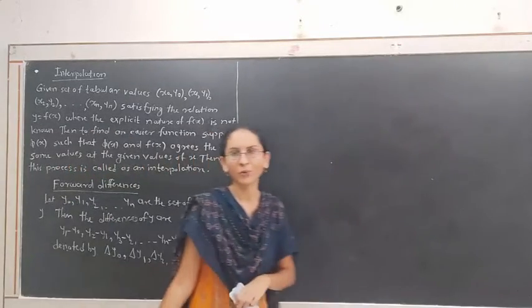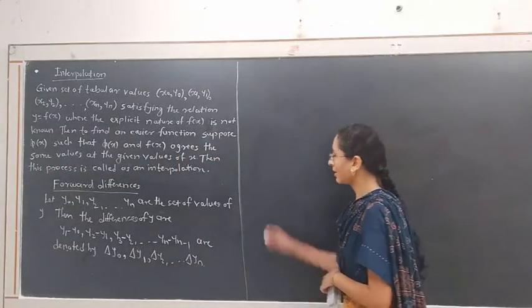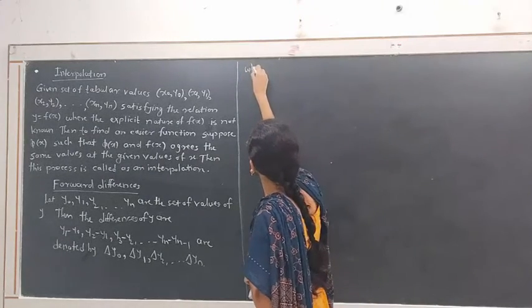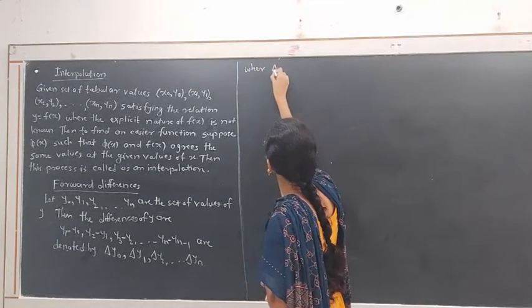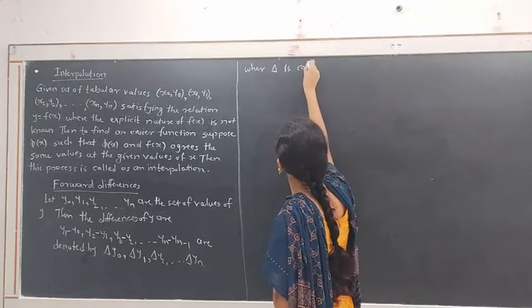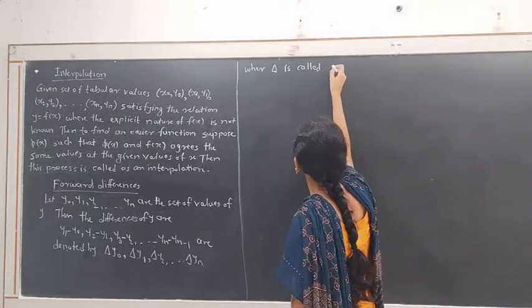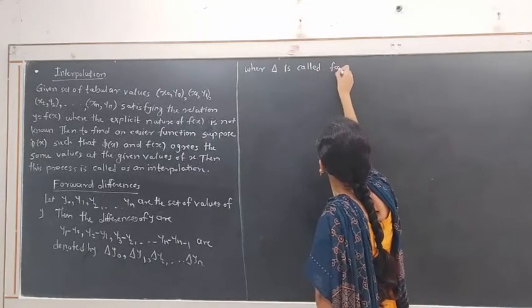These are called forward differences, where this del is called the forward difference operator.